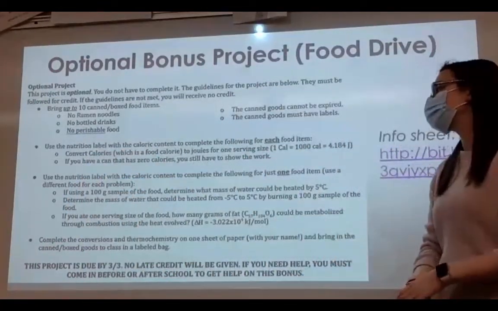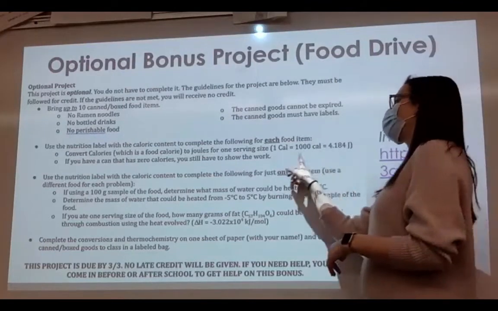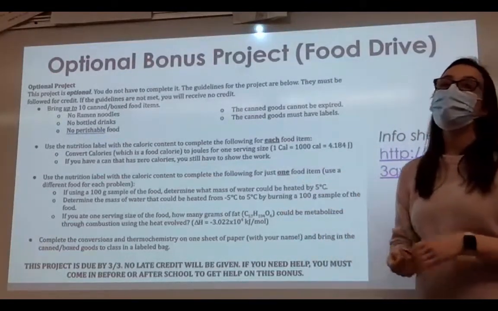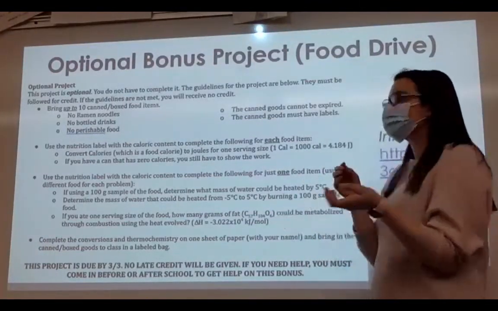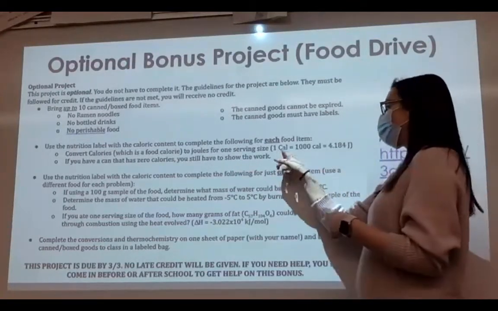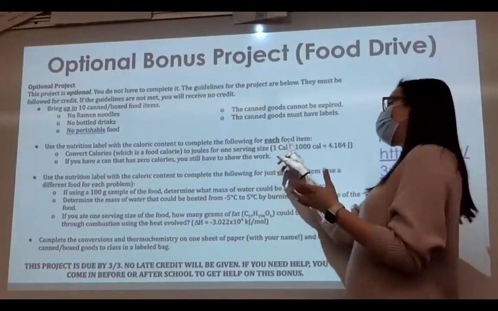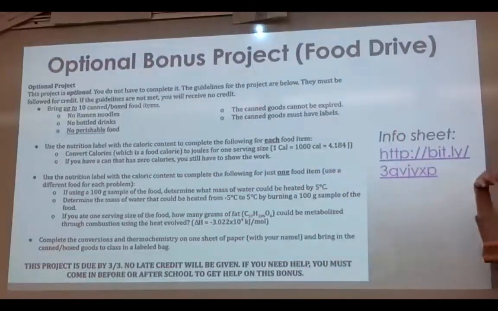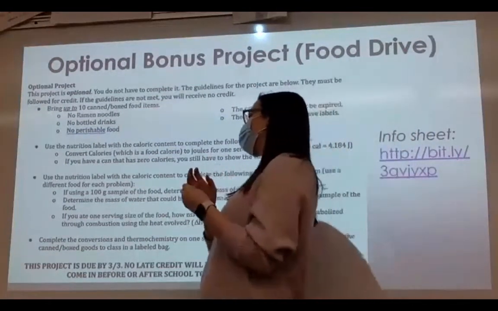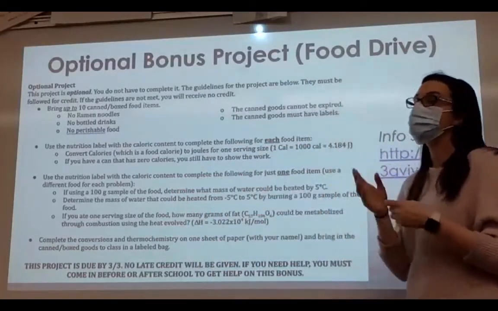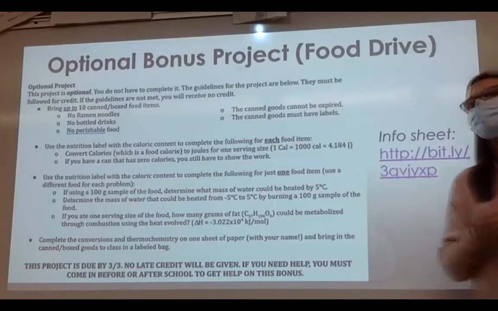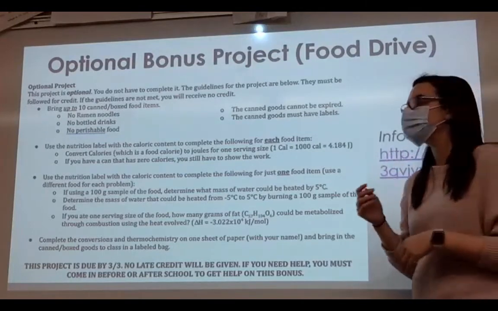Convert that to joules for 1 serving. I even gave you the conversions here. So if something is 100 calories, that's a capital C. That's a kilocalorie. So 1 food calorie is 1,000 calories, which is 4.184 joules. If you have a can that has 0 calories, I still want you to show the work. Start with 0. Yes, your answer is 0, but the whole point is to do the conversions.